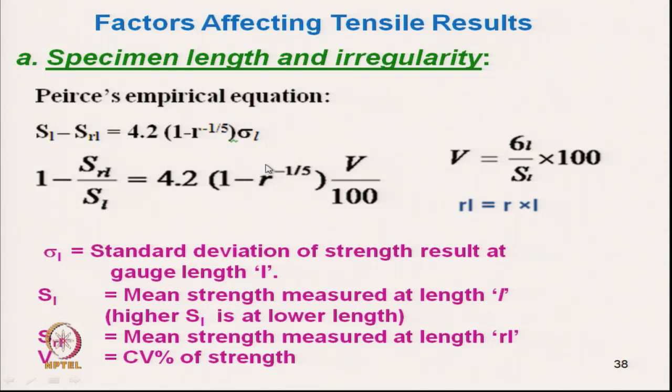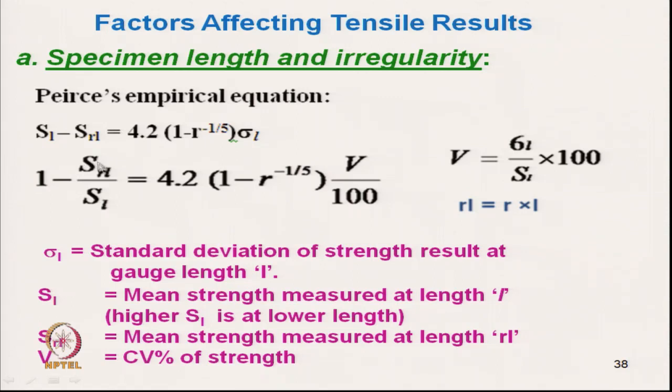This is an empirical formula derived by Pierce based on a large number of experiments. Now, just by rearranging, SL is the mean strength of yarn at length L. We divide both sides by SL.